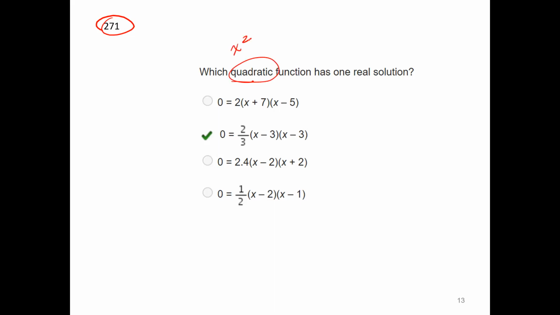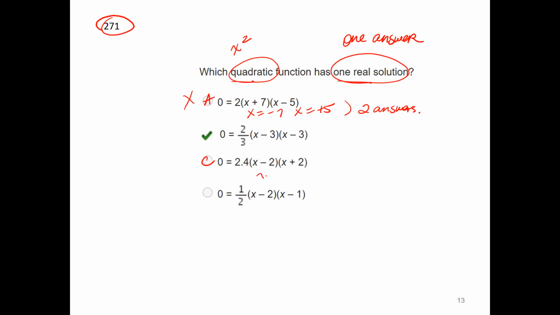Quadratic just means it's an x squared, has one real solution. So it just means it has one answer. If I take a look at A, if I were to solve this, x equals -7, x equals +5. This has 2 answers. It's not A because I only want 1 answer.